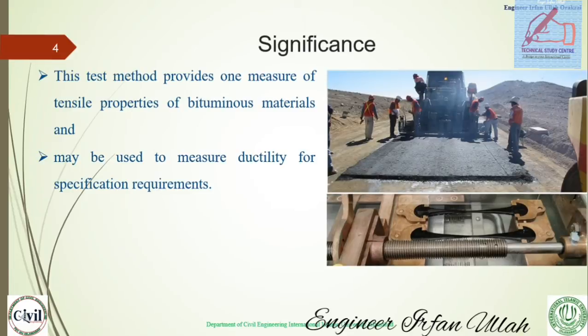It may be used to measure ductility for specification requirements. Means when we construct a road in a certain area, the designer or mix design engineers give a specification that material of that much ductility should be used in this area.